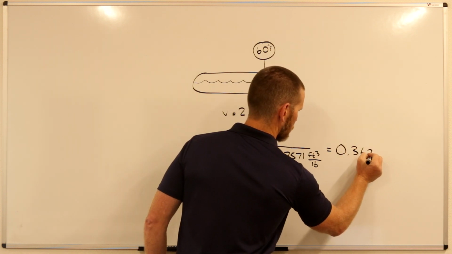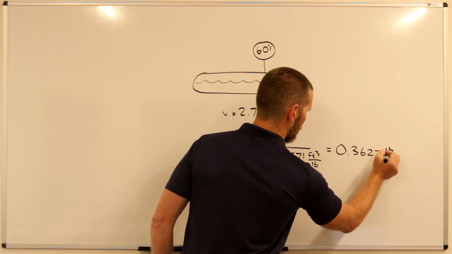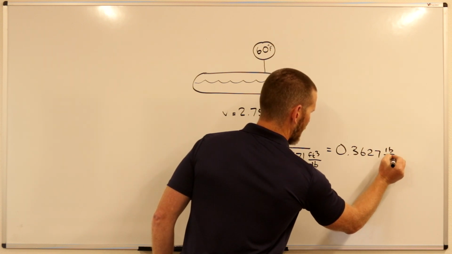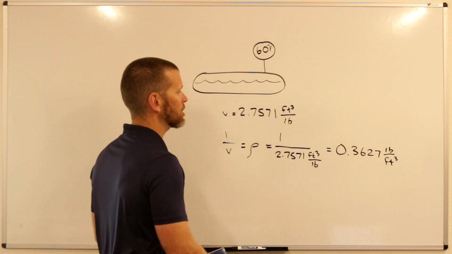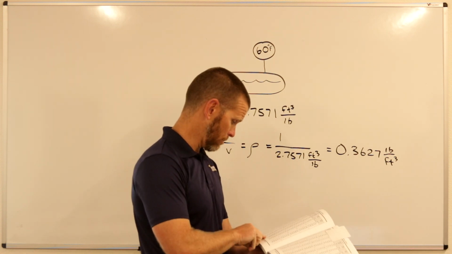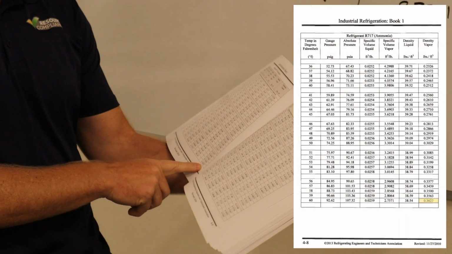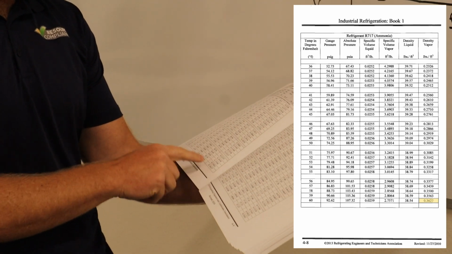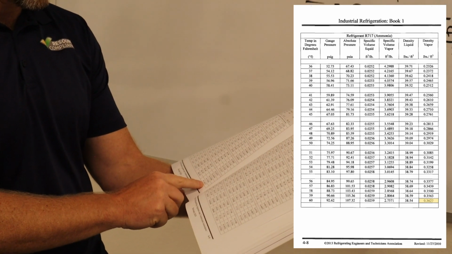The units are going to be pounds per cubic foot. And if what I said is accurate, that should correspond to the density of the vapor in the Rita book, which it absolutely does, because the density of vapor at 60 degrees is 0.3627.